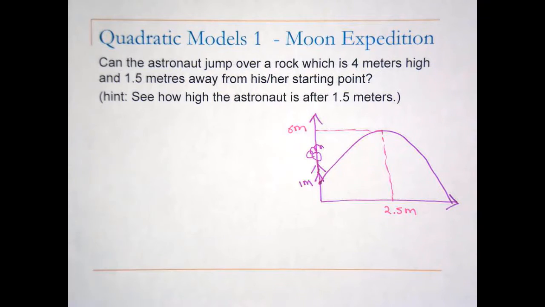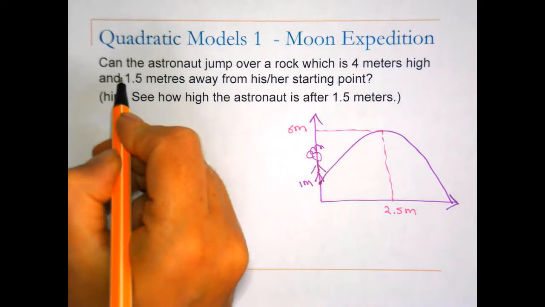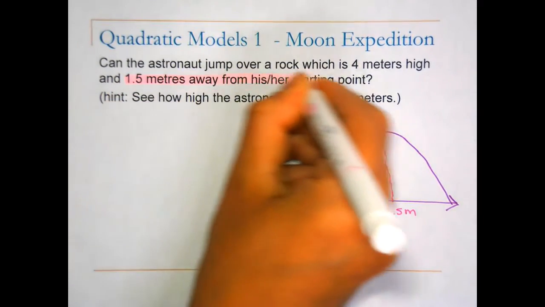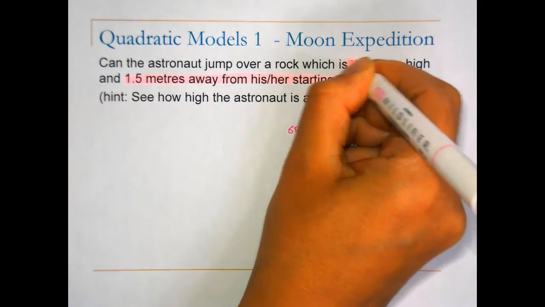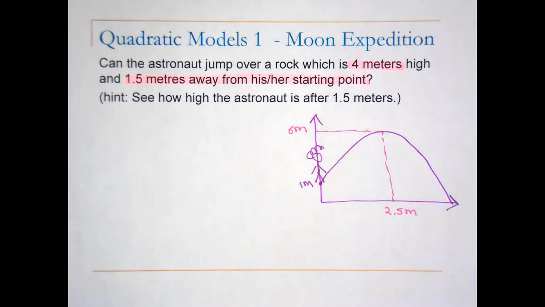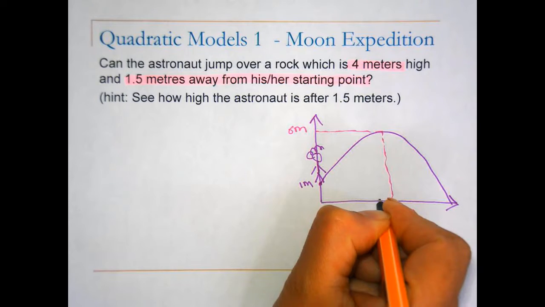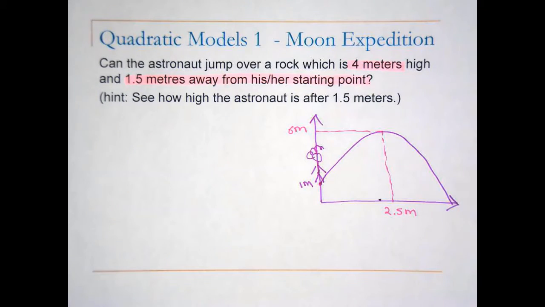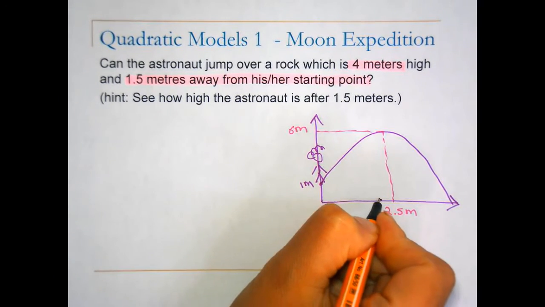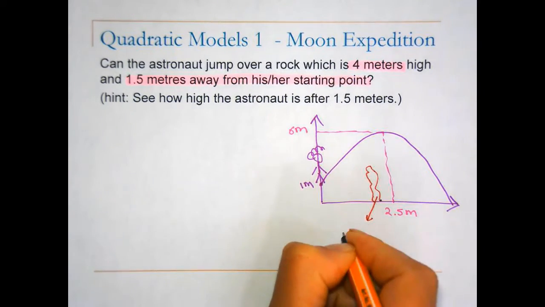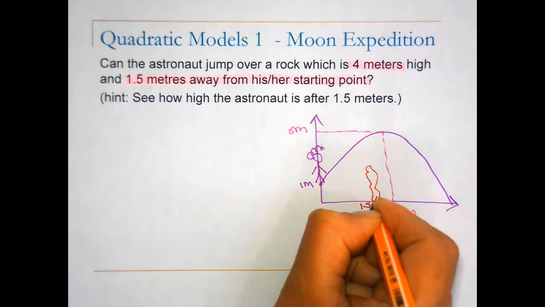And now there is a rock here, at 1.5 meters. And this rock is 4 meters high. I'm going to use a different color. So here we have a rock. This is the rock at 1.5 meters.